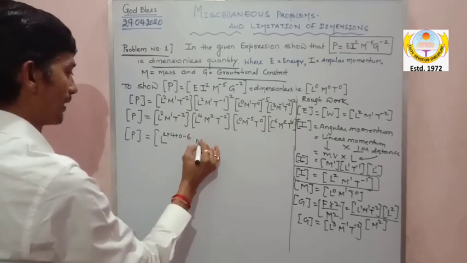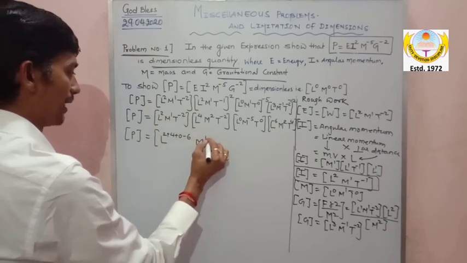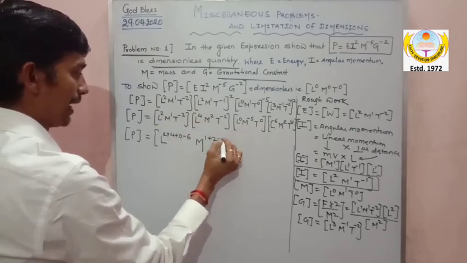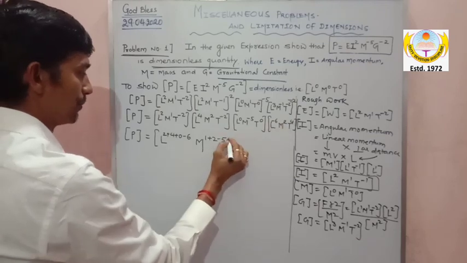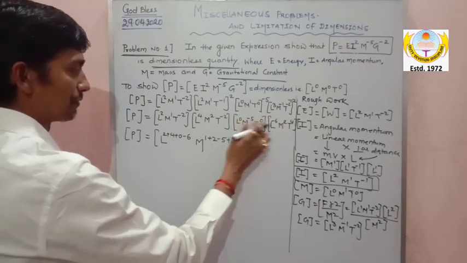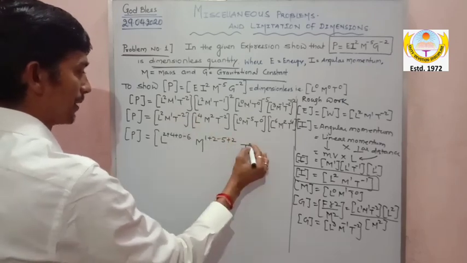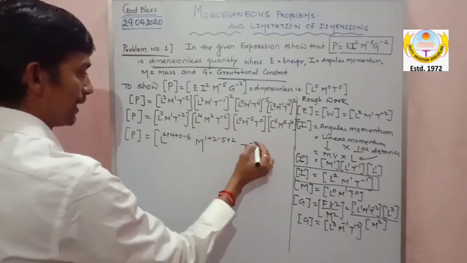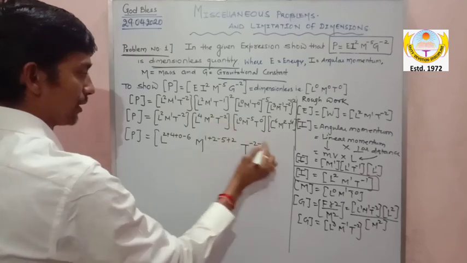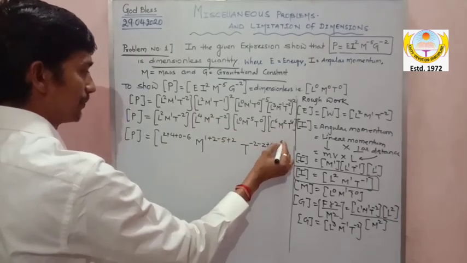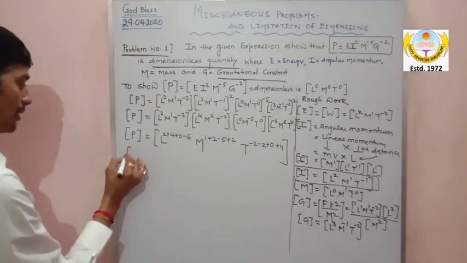M power, my dear, let us go for M. Here it is 1 plus 2 minus 5 plus 2. Minus 5 plus 2 I have written. And last is T. T power minus 2, here it is minus 2. Next one is also plus 0 and plus 4. So now what is the dimension I am getting, my dear?